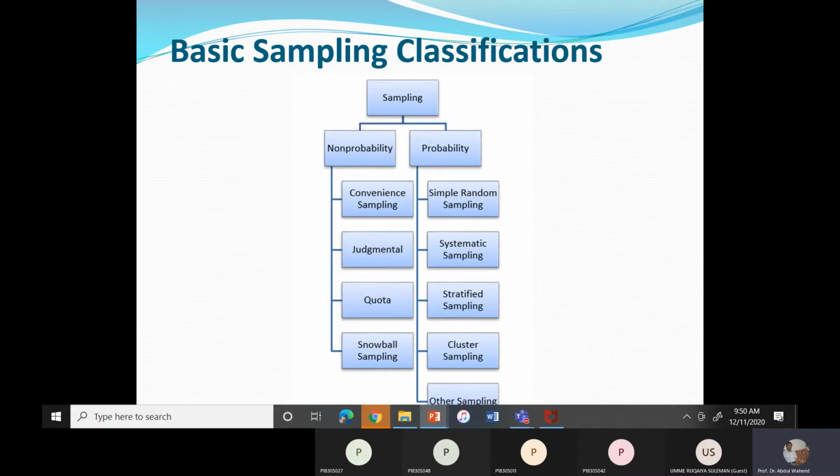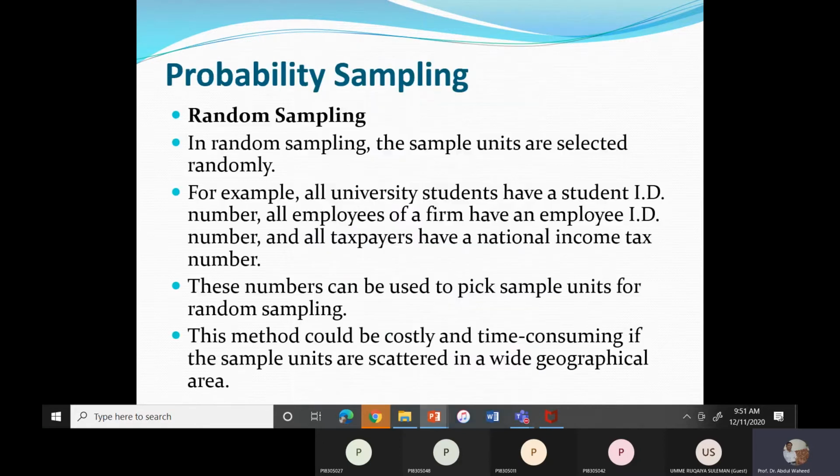In probability sampling, we have simple random sampling, systematic sampling, stratified sampling, and cluster sampling, and some others. In non-probability sampling, we have convenience sampling, judgmental sampling, quota sampling, and snowball sampling. Using these sampling techniques, we can collect a sample that would be a true representative of the population.